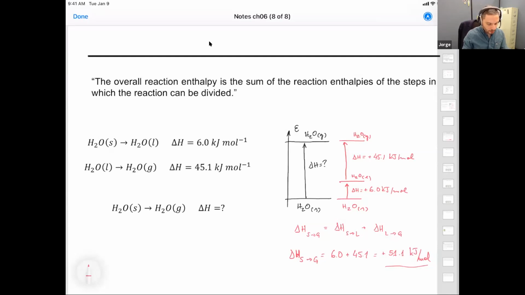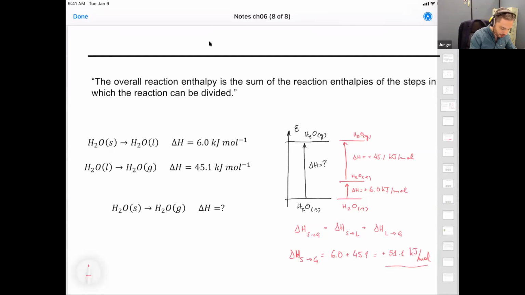Okay, so in this case, it is a very simple case for Hess's law. What I would recommend you to do is to treat the chemical reactions as simple sort of mathematical equations. So that means you can flip reactions, multiply reactions, and cancel things that show up before and after the reaction.